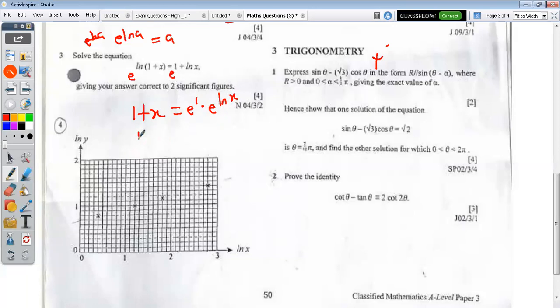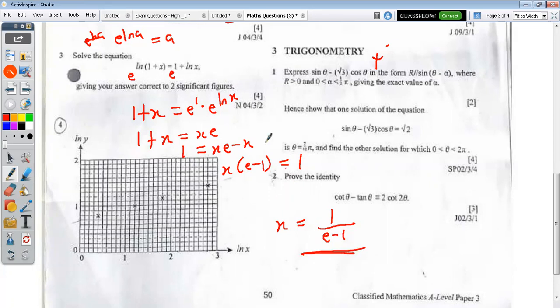The ln drops there, so this becomes x only. So this becomes ex like this. Then we group like terms together, so 1 is equal to xe minus x. Factor out x: x brackets e minus 1 is equal to 1. Therefore, x is equal to 1 over e minus 1. That's your answer. When they want you to give significant figures, you're simply using your calculator. Then you find the answer.